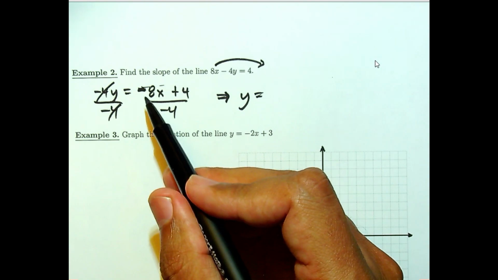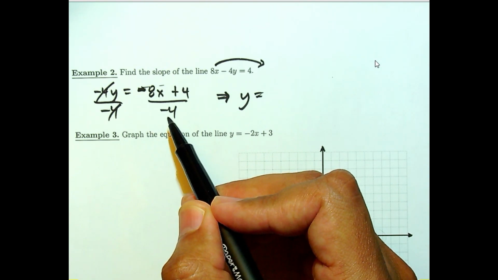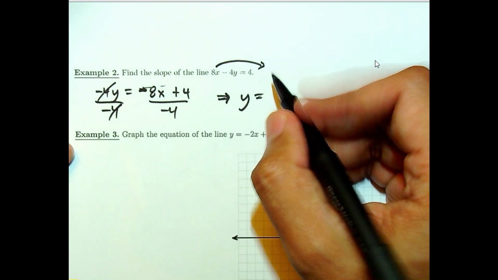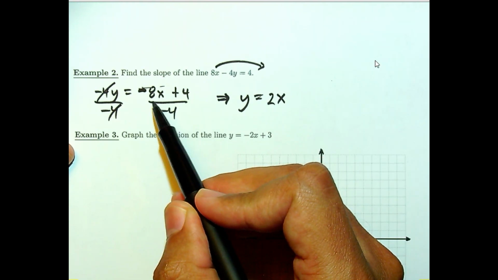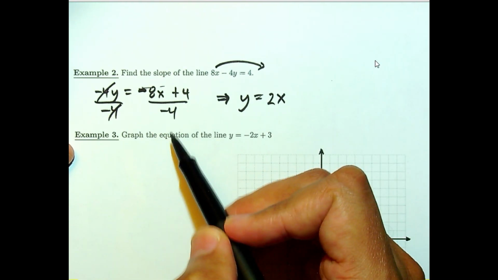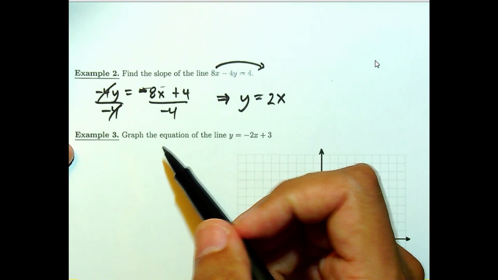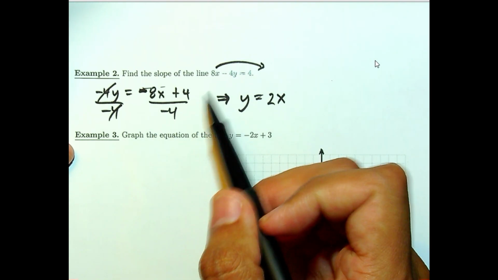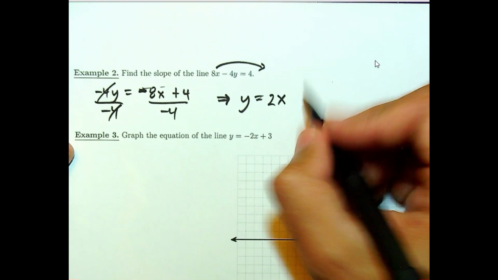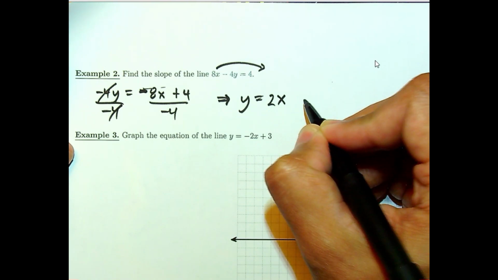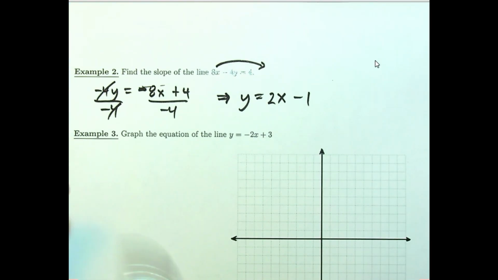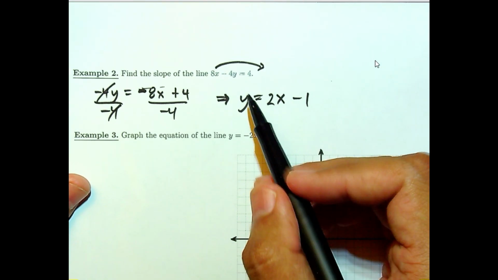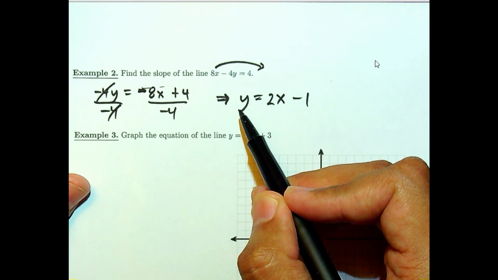So negative 8 divided by negative 4 is positive 2, and you still have the x. And then 4 divided by negative 4 is negative 1. So you can put minus 1 or plus negative 1, same thing. So that is the equation of the line, but solved for y.